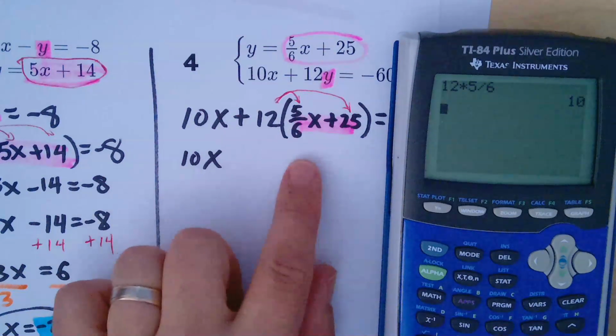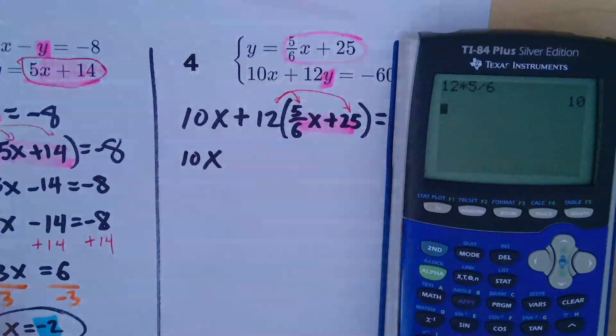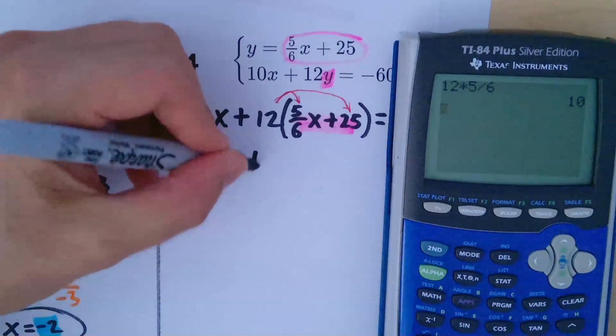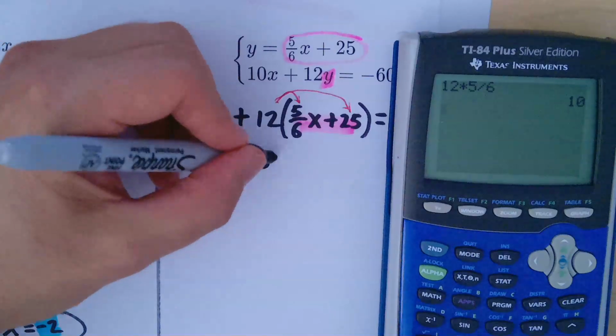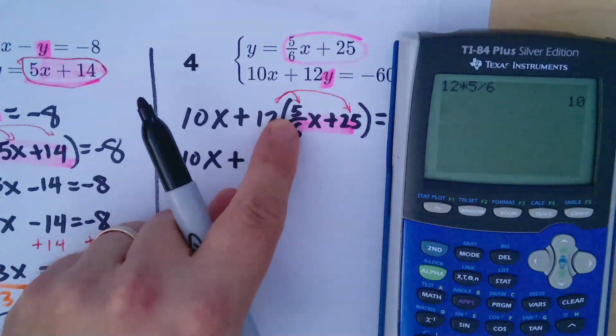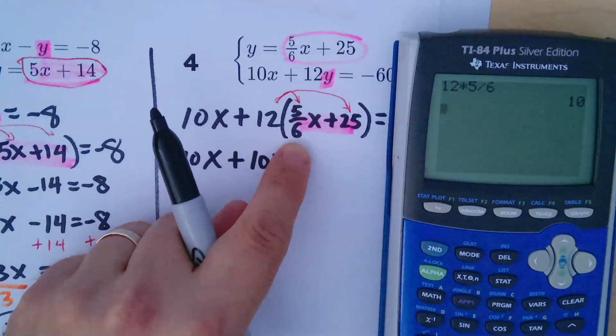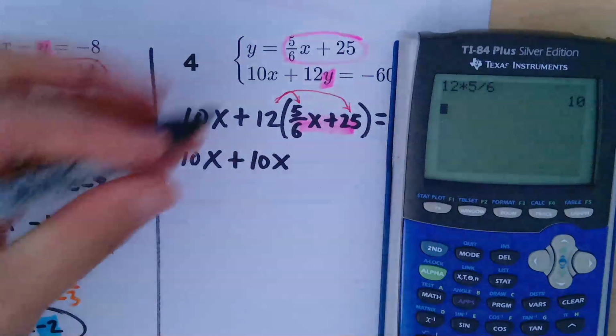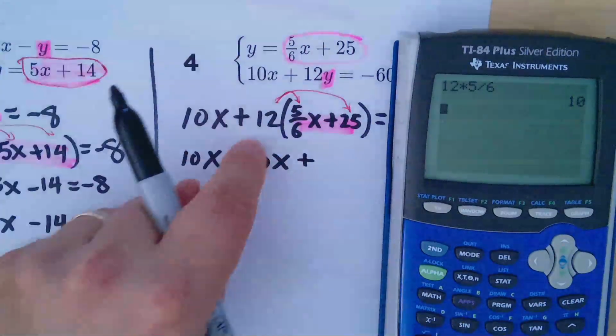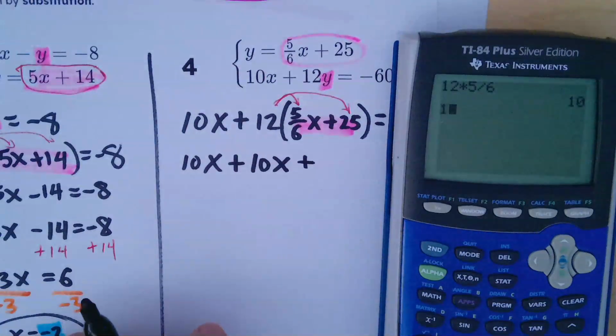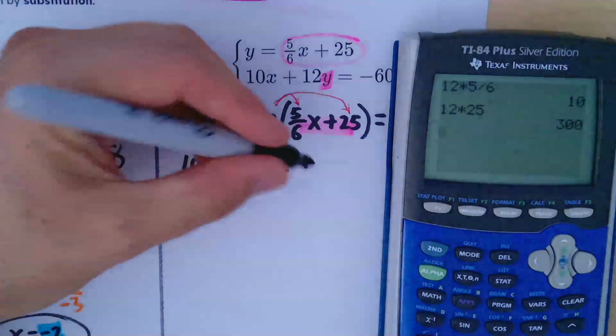And then that's going to get me 10x. 12 times the 5 and then divided by 6. Okay. And then here I have 12 times 25 and then I get 300.